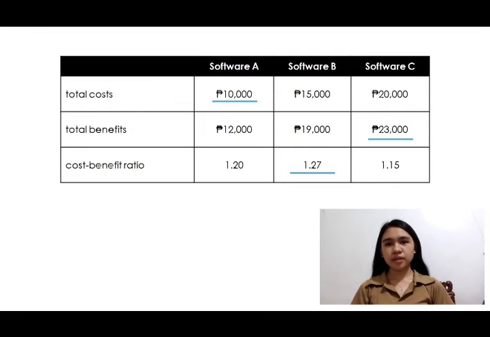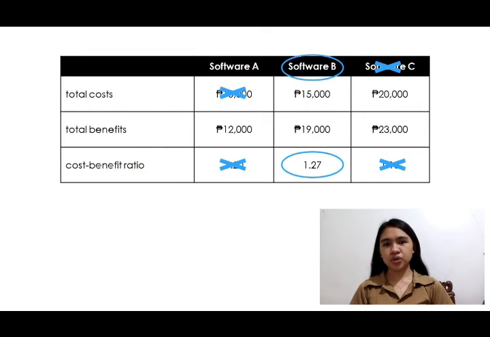So, we will normally select the option which returns the highest cost-benefit ratio, as from a financial point of view, that is the option we would take. From this comparison, Software C is the one we should least take account of, and Software A is a bit behind. Therefore, Software B is our choice.